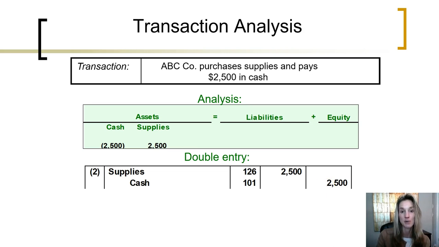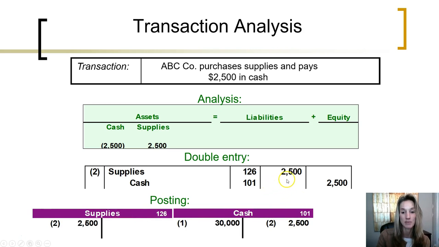Journal entry in the general journal now needs to be posted to the general ledger to actually cause the account balances to change. So we would debit supplies, increasing its account balance by $2,500. We would credit cash, which would decrease that account balance.